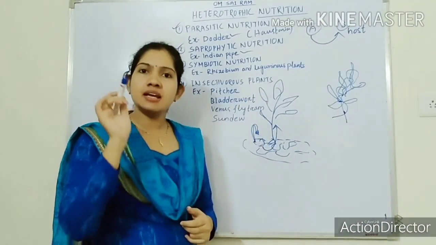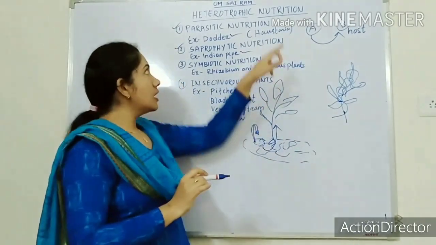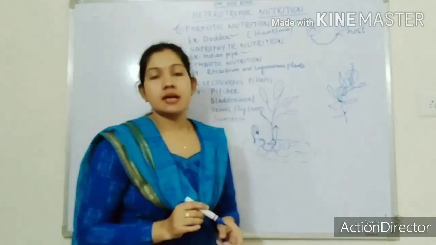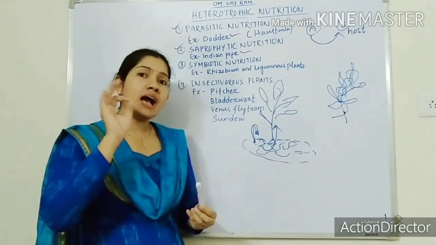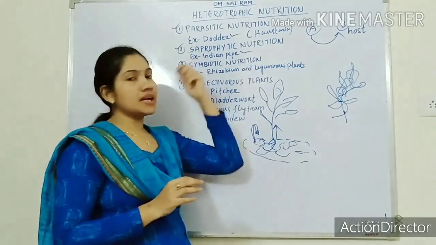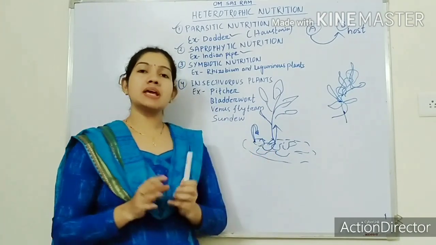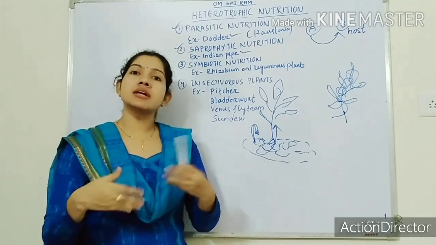This is the main difference between a parasitic plant and a saprophytic plant. Parasitic plants only harm the plant, but saprophytic plants provide benefit to the plant. Okay? And they also play a very important role in nutrient recycling.